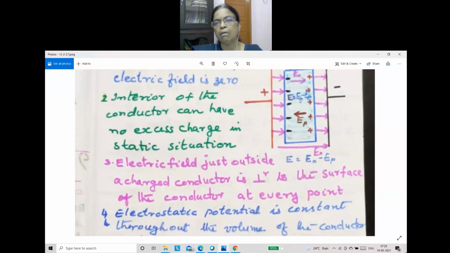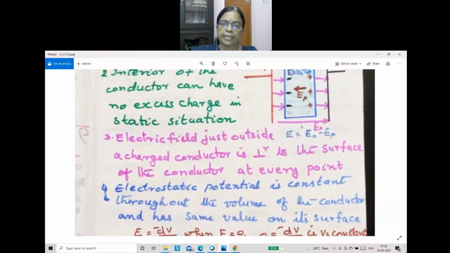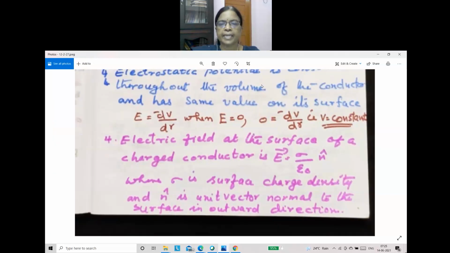So what have we seen? Inside the conductor, electric field is 0. What is the potential, children? Is it 0? Potential is constant. Same potential you can see throughout the volume of the conductor.